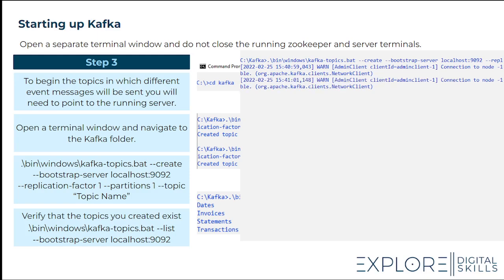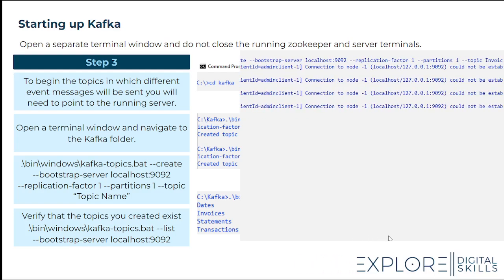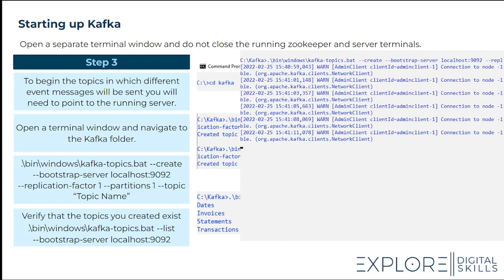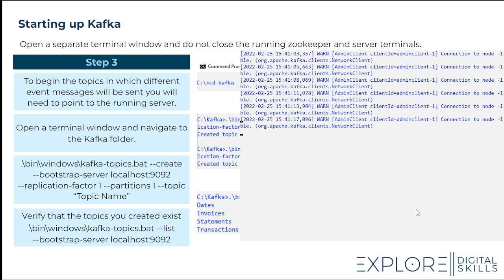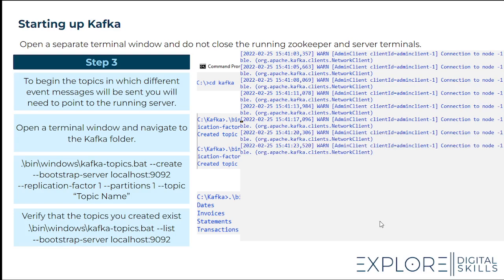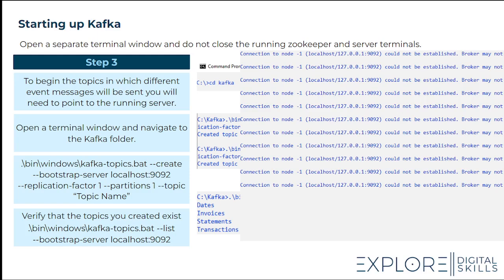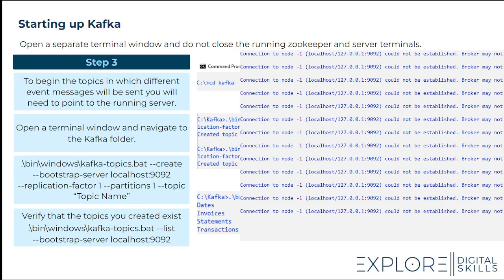Okay, the client connection to localhost cannot be established. Broker may not be available. So I think the broker that I am trying to connect onto is incorrect. So I would just need to double check that particular connection node. If I remember correctly, that needs to be changed, of course.